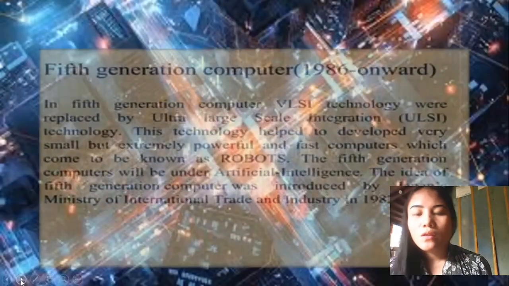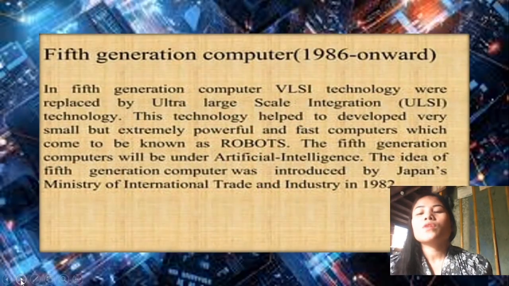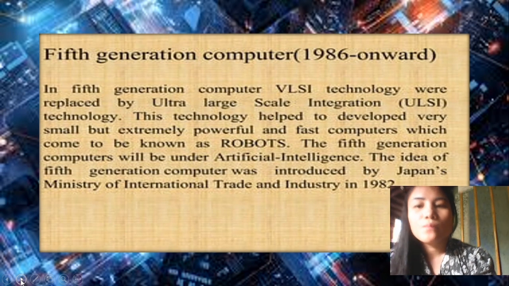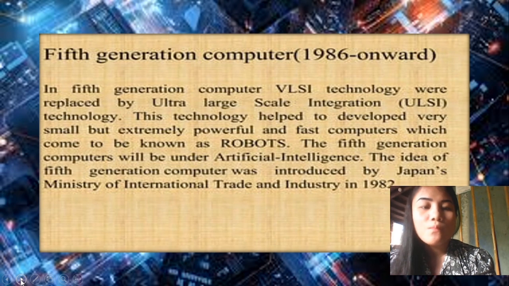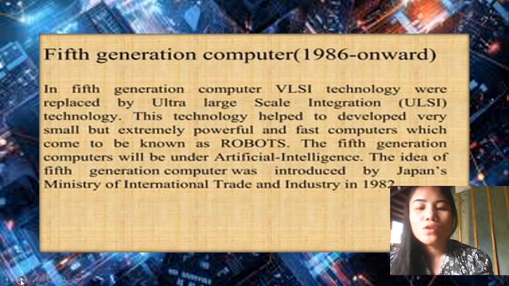Okay, then next. We proceed to fifth generation computers, 1986 onwards. In fifth generation computers, VLSI technology was replaced by ultra-large scale integration, or ULSI technology. This technology helped to develop very small but extremely powerful and fast computers, which come to be known as robots.